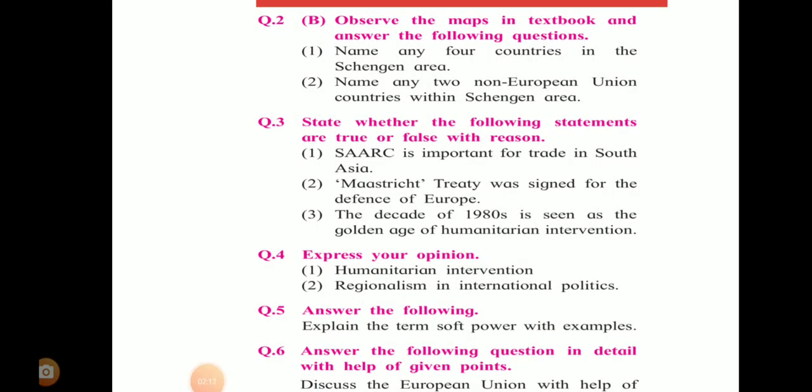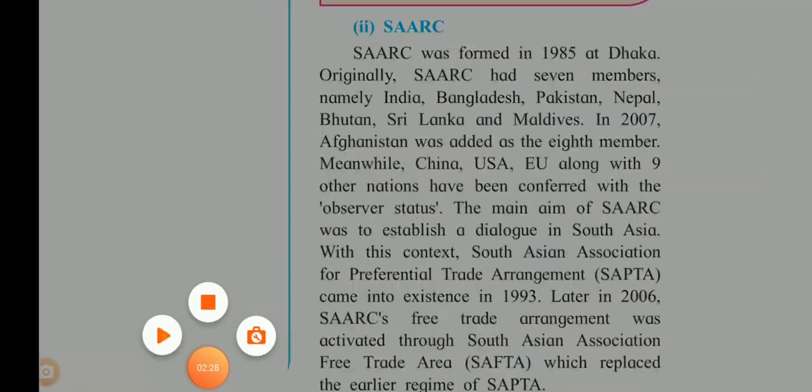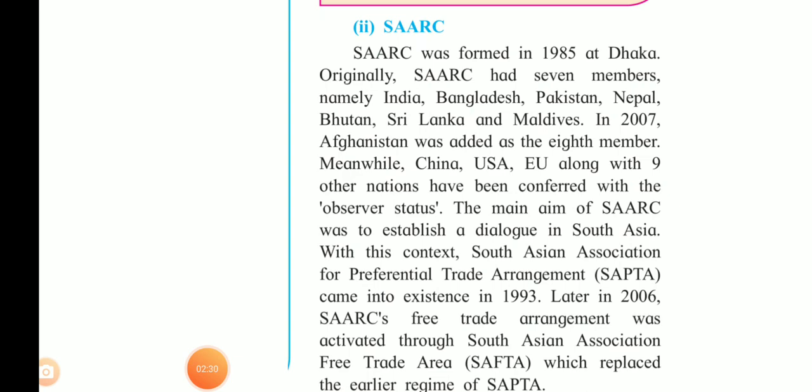Now we will see question number 3. State whether the following statements are true or false with reason. SAARC is important for trade in South Asia. The given statement is false. Write down the answer. The given statement is false.